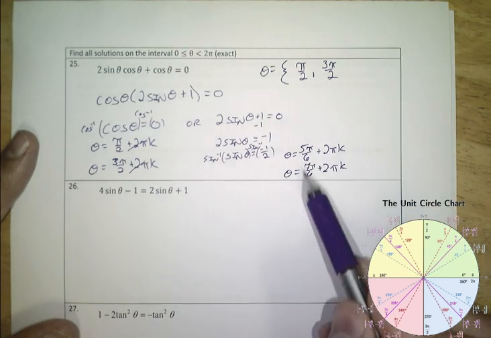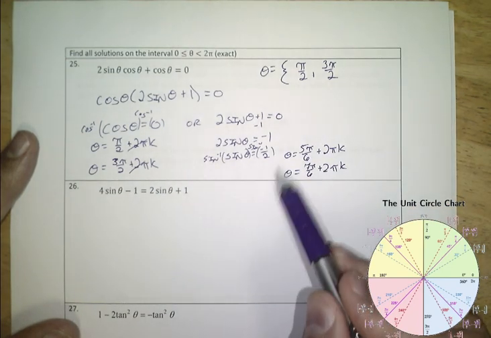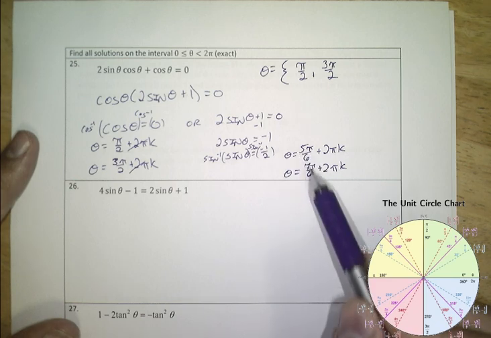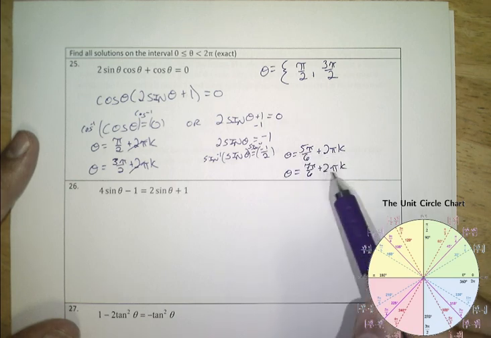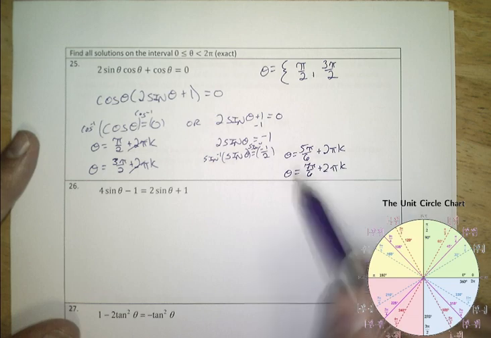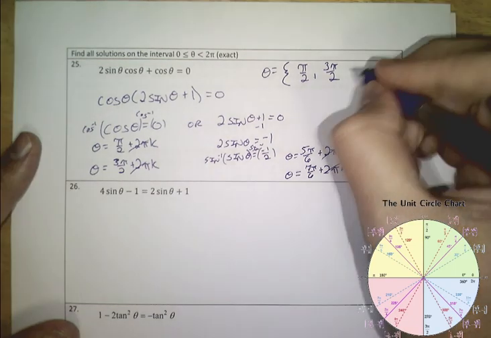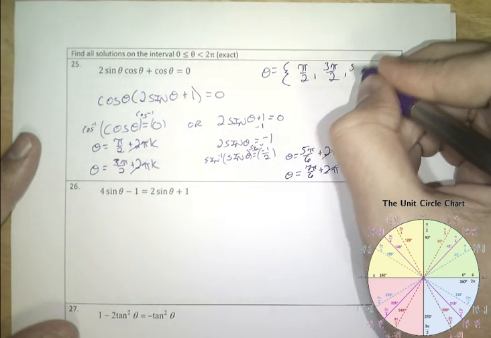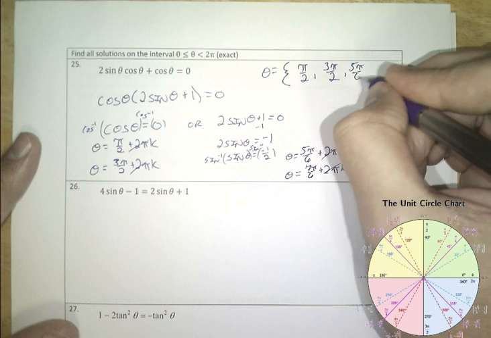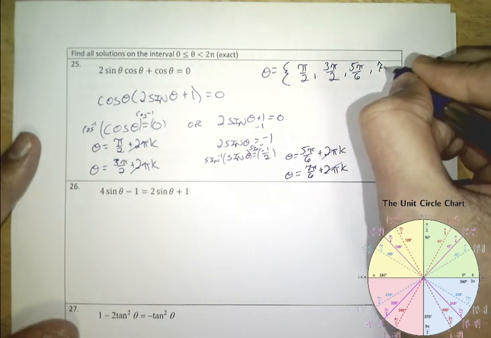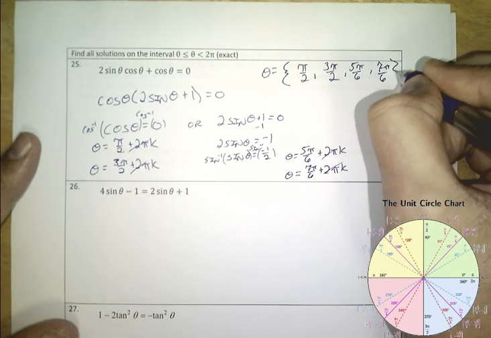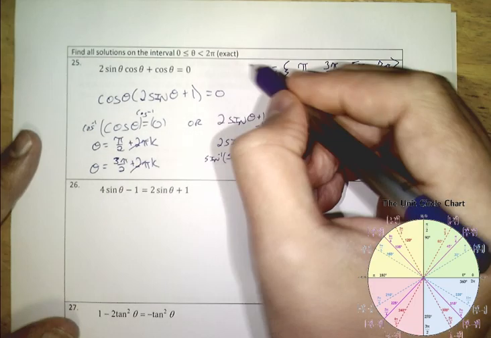Now, both of these are on the unit circle. If I add 2 pi to any of them or subtract 2 pi, it's going to take the answers off. So these don't add anything to our solution set, but we can add in 5 pi over 6 and 7 pi over 6. And there are all of our solutions.